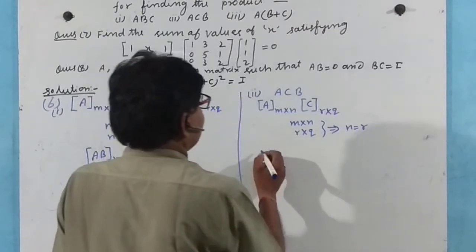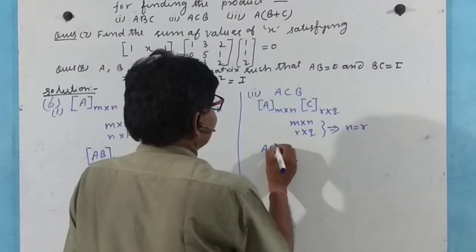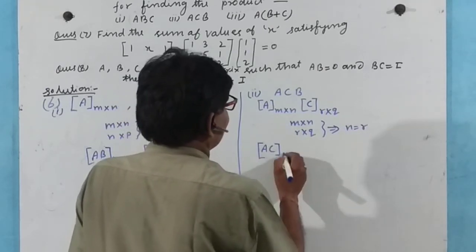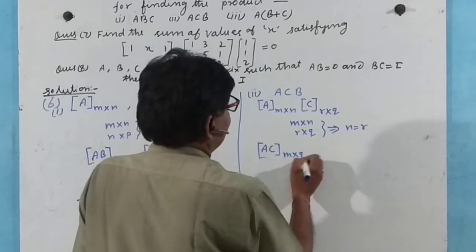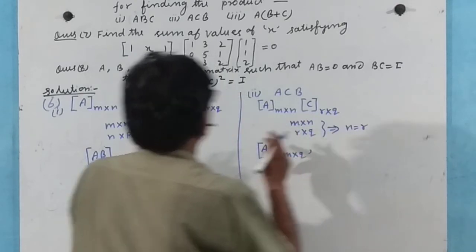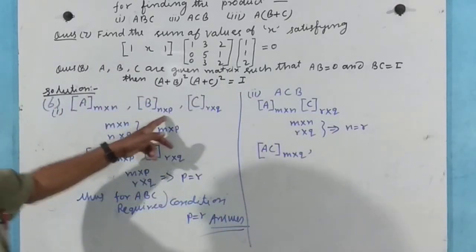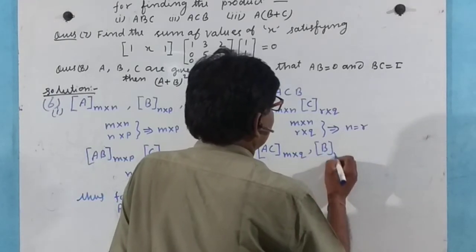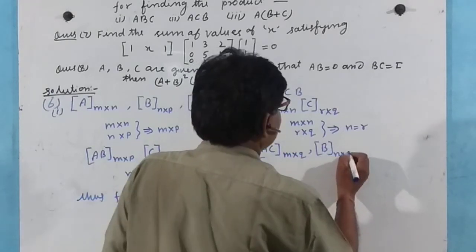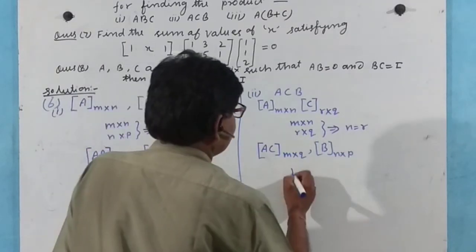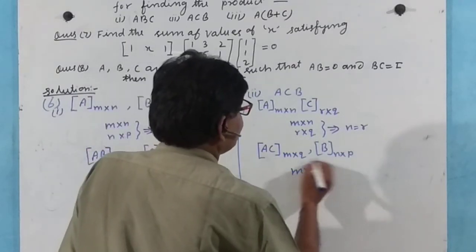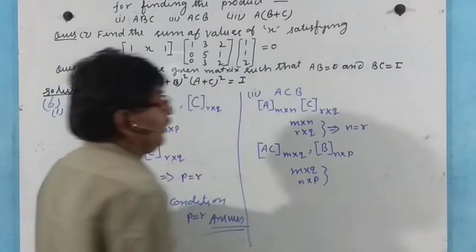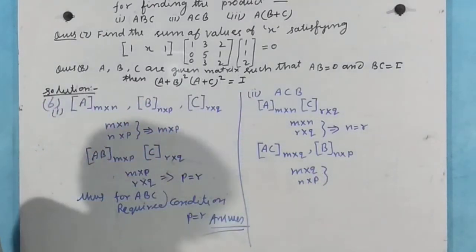Now AC equal to M cross Q, and B equal to N cross P, so that M cross Q and N cross P are the applicables.